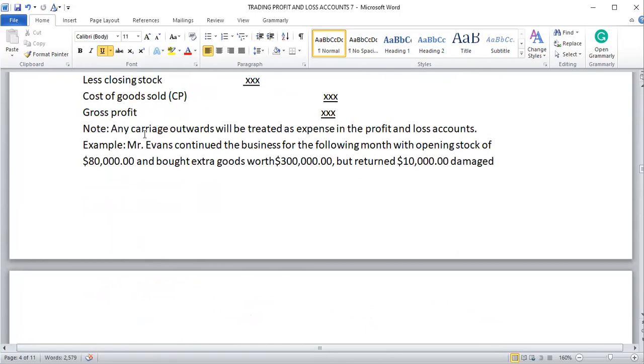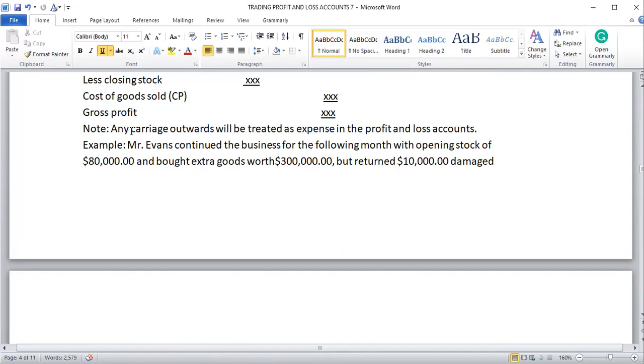One thing that you should note: any carriage outwards will be treated as an expense in the profit and loss account. What I'm saying is that in the trading account, we do the trading account in order to get our gross profit or loss. Then any expenses will be deducted later. From the trading account, you go on to the profit and loss account, where we take our gross profit or loss, then we deduct any expense.